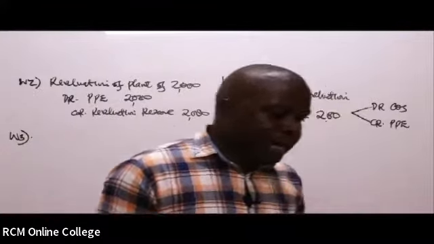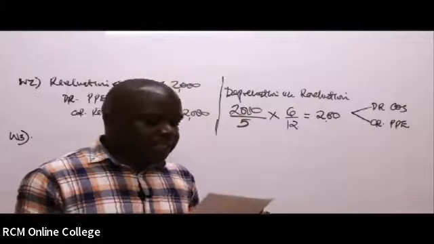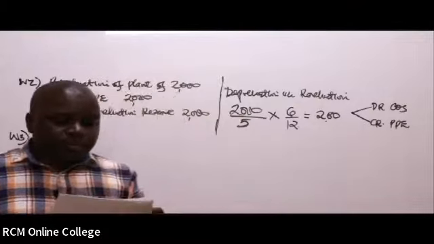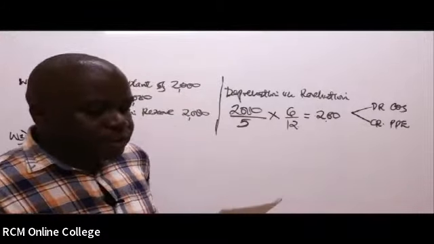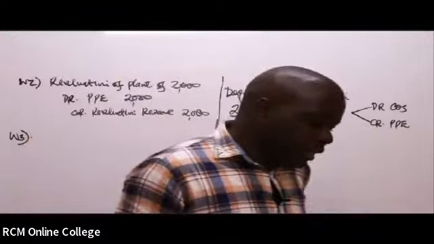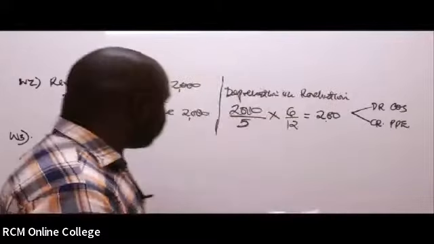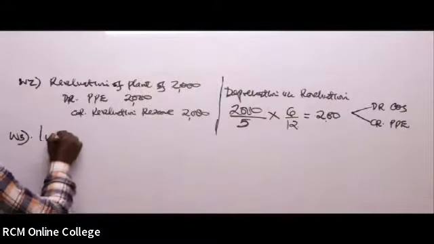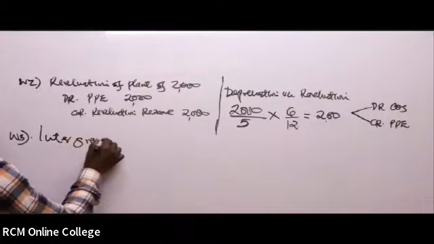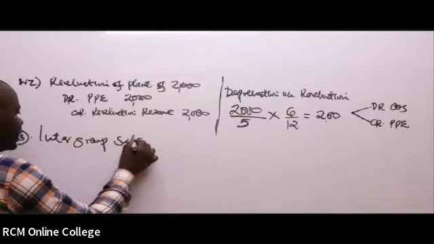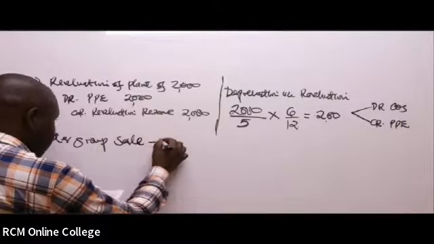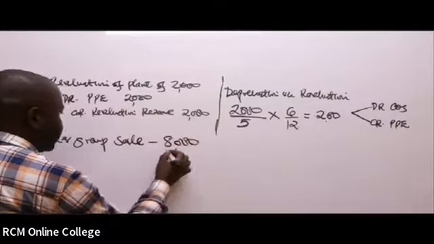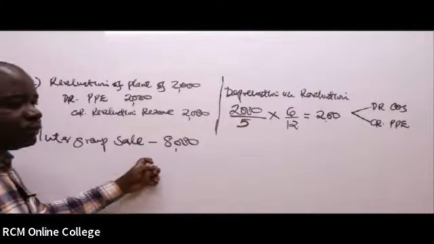S Limited made a markup of 40%. 2.8 million of these goods at cost to P Limited were still included in the inventory as of 31st March 2015. So in this case, you have an intergroup sale of an amount of 8 million. What do you think we'll do with this one?